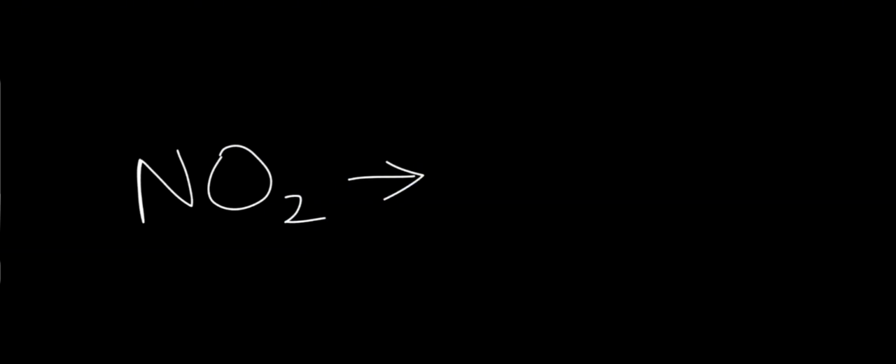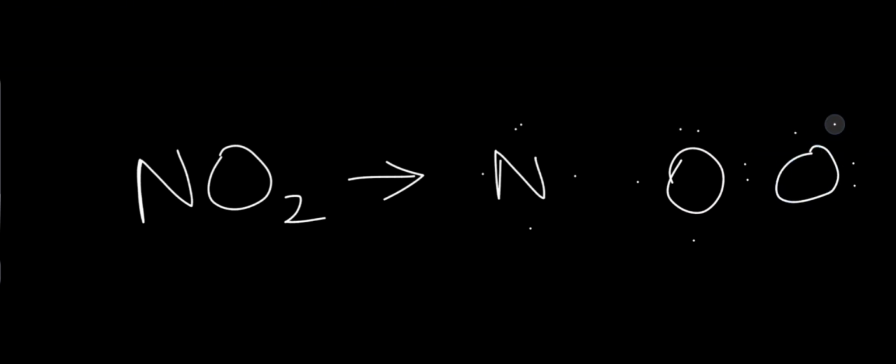Let's form the Lewis structure of nitrogen oxide. Forming a covalent bond. So nitrogen 5, oxygen 6, and the other oxygen 6. So these two oxygens need to gain 4 in total, and nitrogen needs to gain 3 in total.